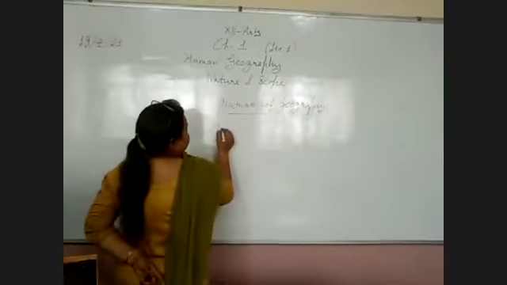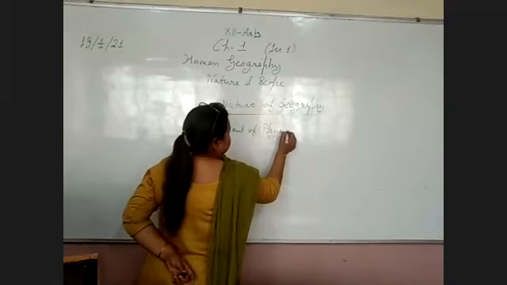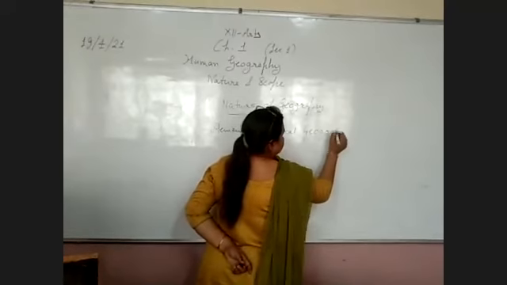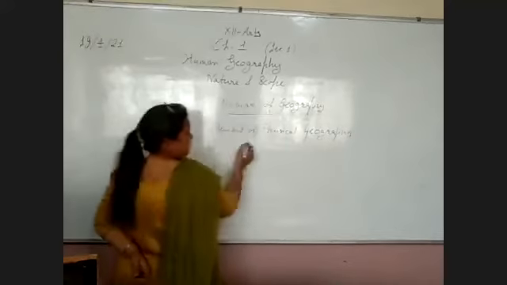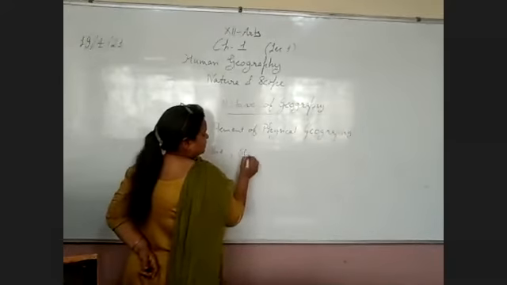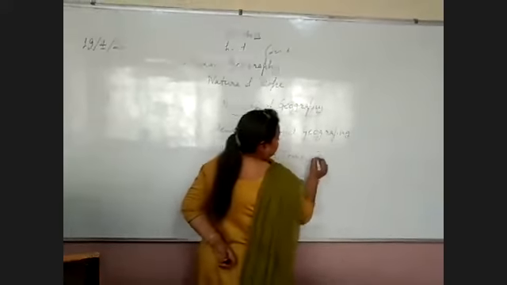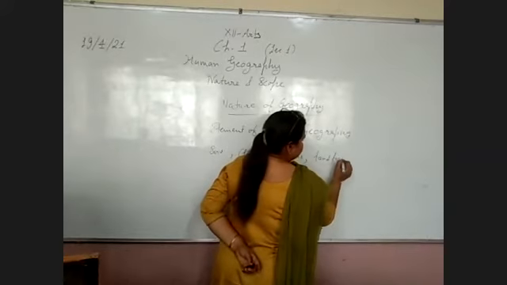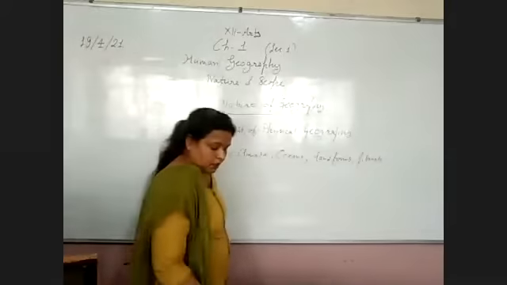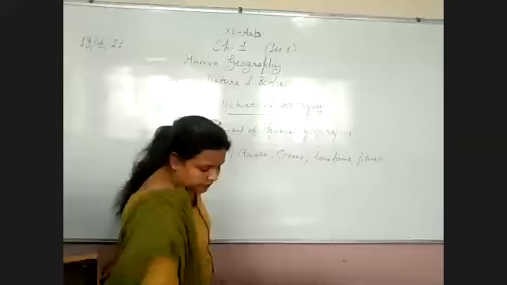So the elements of physical geography. फिजिकल ज्योग्राफी के एलिमेंट्स हमारे पास क्या क्या हैं, जैसे कि सोयल, क्लाइमेट, ओशंस, लैंडफॉर्म्स, planets, all these are included as the elements of physical geography.